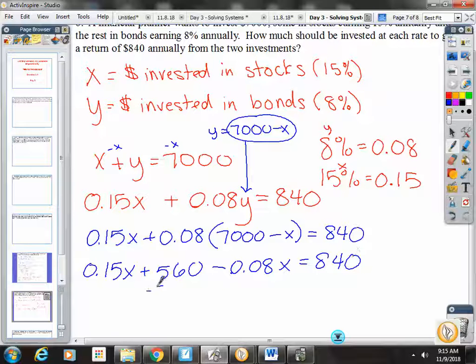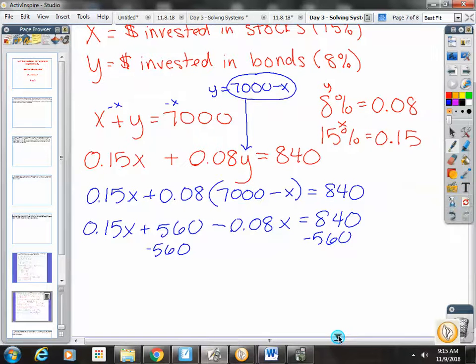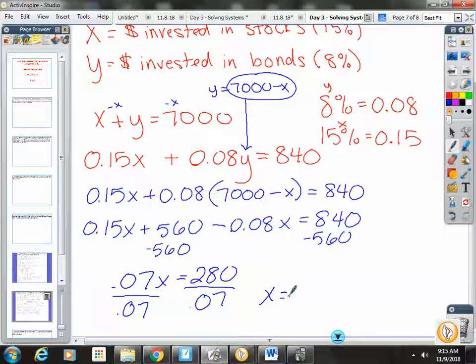So I'm going to subtract 560 from both sides. 0.15 minus 0.08 is 0.07x equals 840 minus 560 is 280. And then divide by 0.07. I got 4,000. Does that answer seem like a reasonable answer? 4,000?